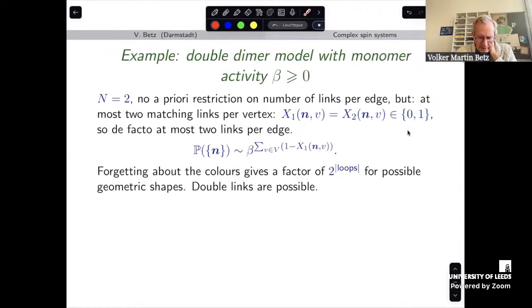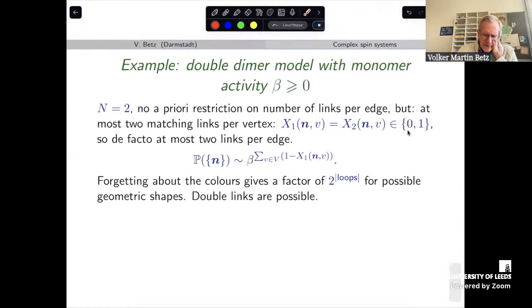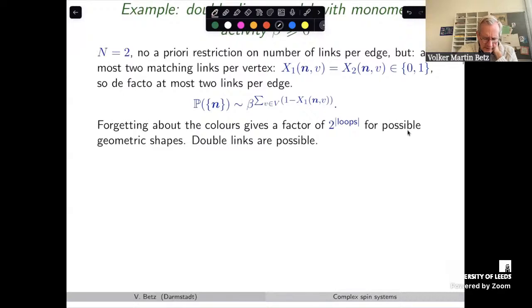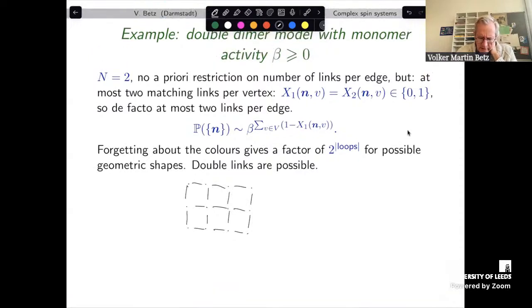Then the double dimer model is really literally twice the dimer model. So what you get here is, in the same situation, you have two colors, and each edge can have either one color or the other.